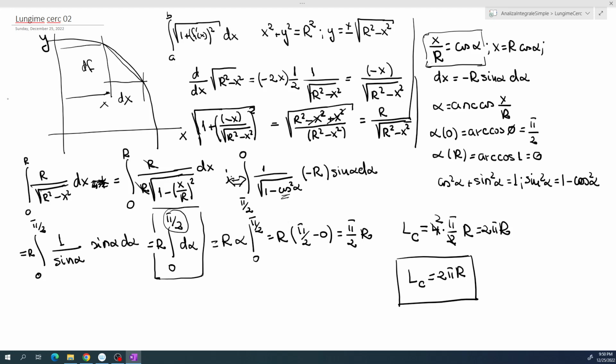The idea is not to use trigonometric functions, it's more like to go from one coordinate system to another, in which the integral is simpler to calculate. And there are many other coordinate systems and expressions which make certain integrals simpler to calculate.